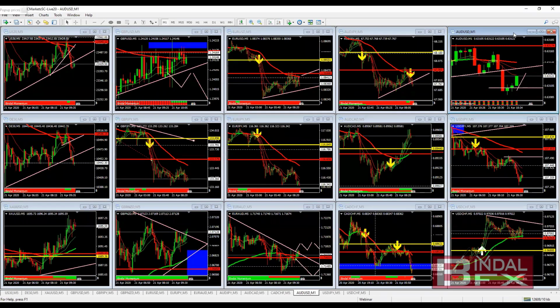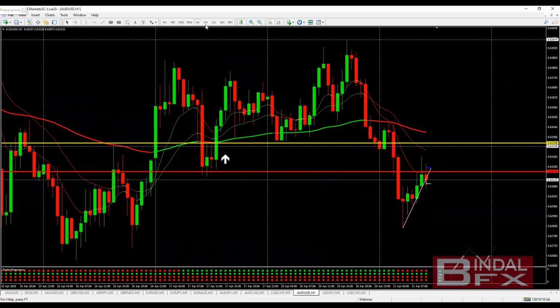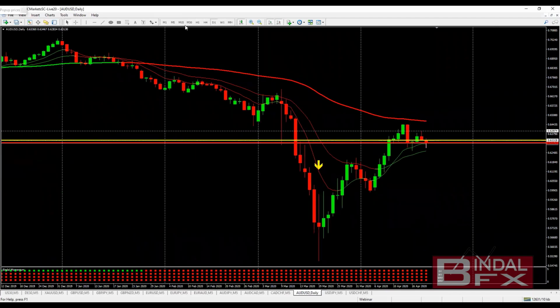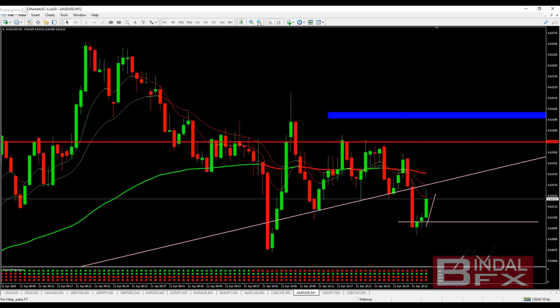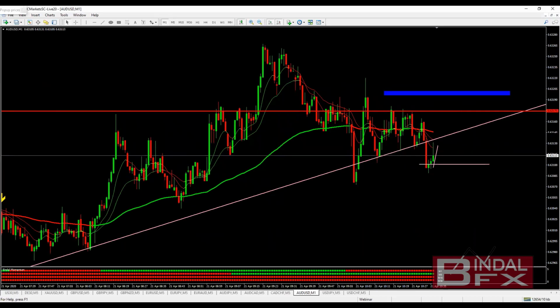The pullback is happening now, so that is good. Okay, so again, this pullback is good.